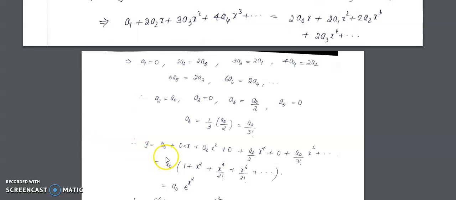So let us now write the value of y. So y will be a0, a1 is 0, so the second term will be 0. Then you will have a2 x square, that is a0 x square. Then a3 is 0, a4 is a0 by 2, so a0 by 2 x raised to 4. a5 is 0, then the next term is a0 by 3 factorial x raised to 6, and so on. So a0 comes out as common.